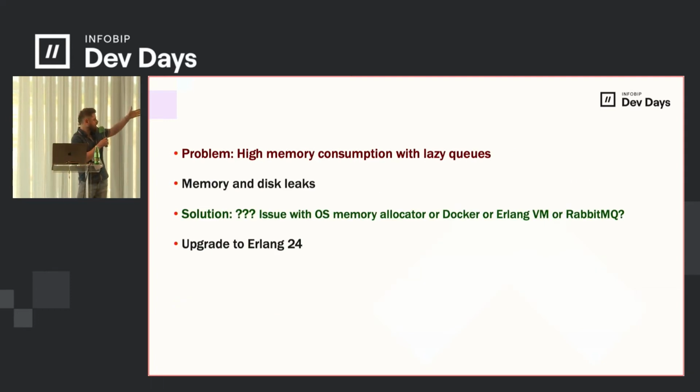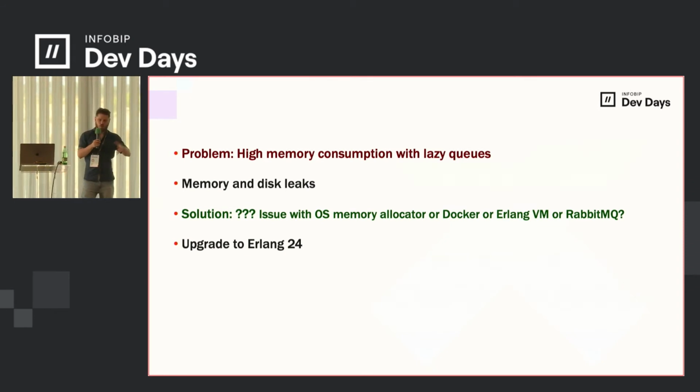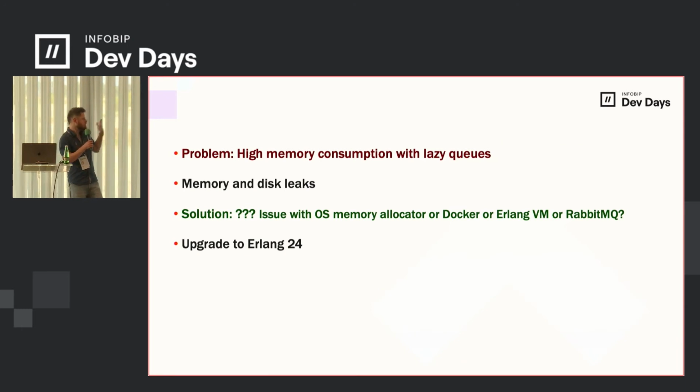Okay, next problem: high memory consumption with lazy queues. After we switched to lazy queues, we saw occasional high memory consumption and even high disk consumption. That looked like a memory leak, but we just couldn't reproduce it reliably, unfortunately. So we are still wondering.